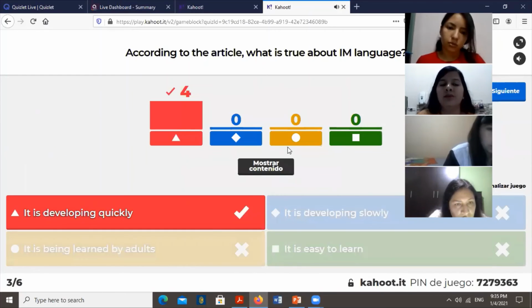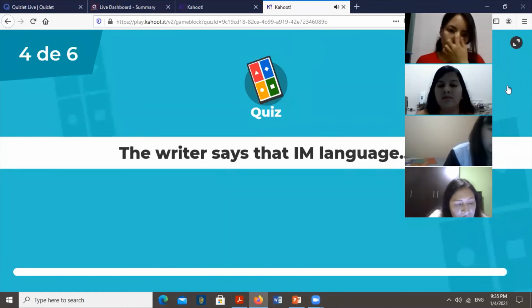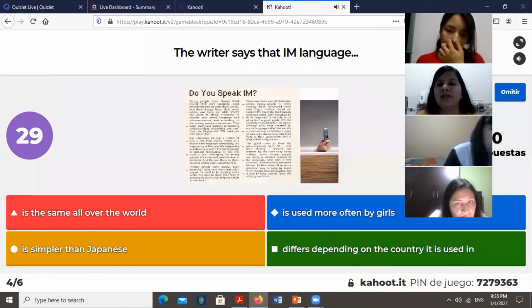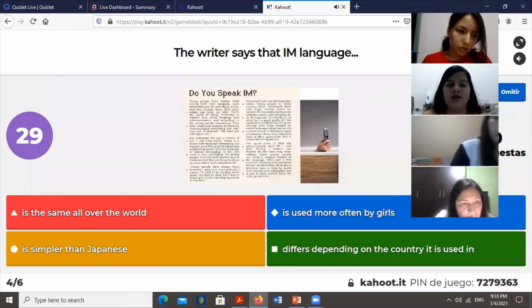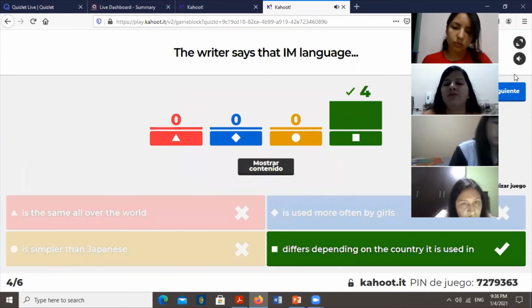Well done, it's developing quickly. The next: the writer said that IM language differs depending on the country it is used in. Well done.